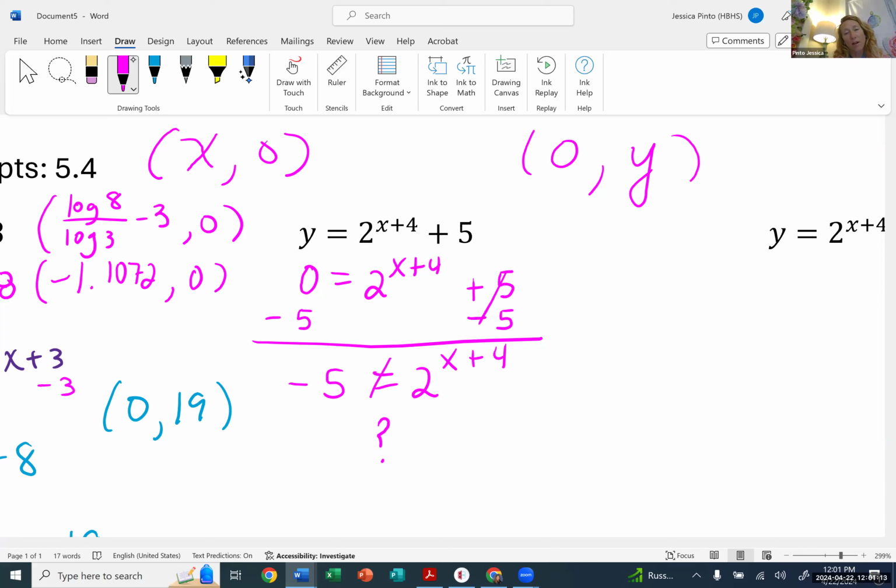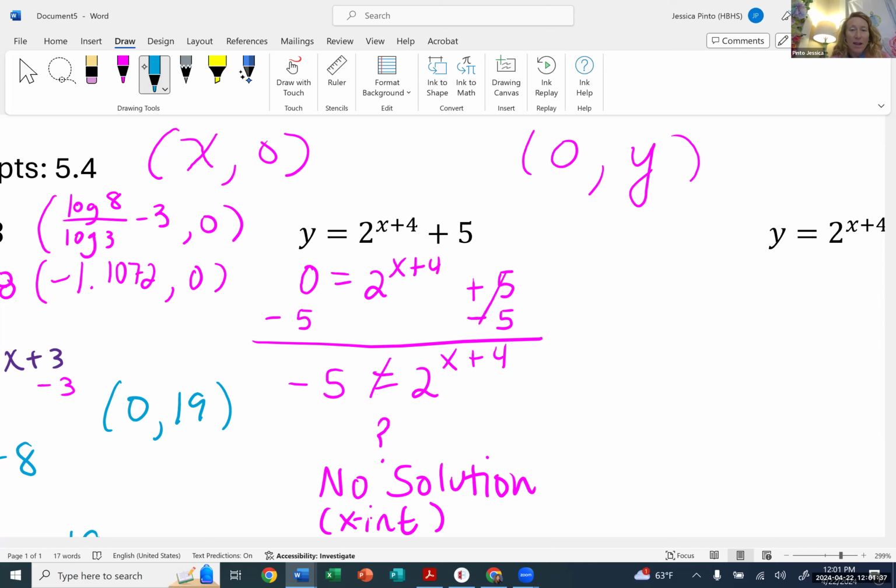So this problem is unsolvable. There's no solution for the x-intercept. That just means that this function does not end up crossing the x-axis, which means it's floating above the x-axis.